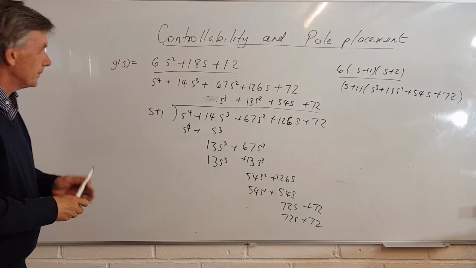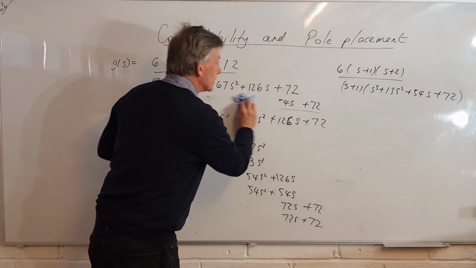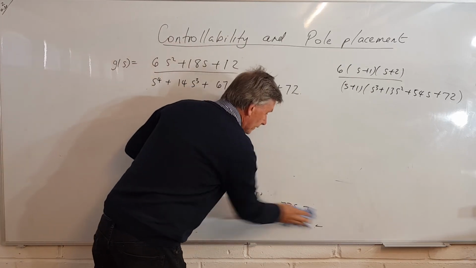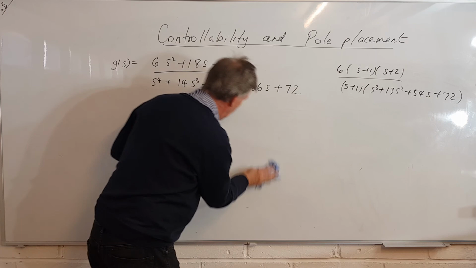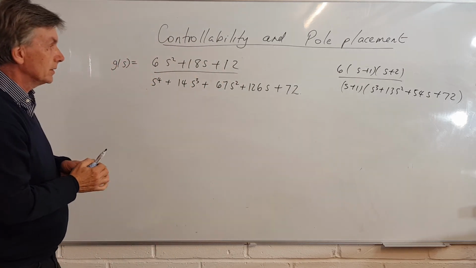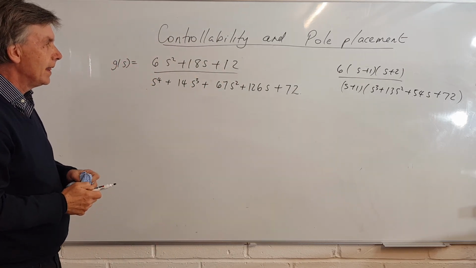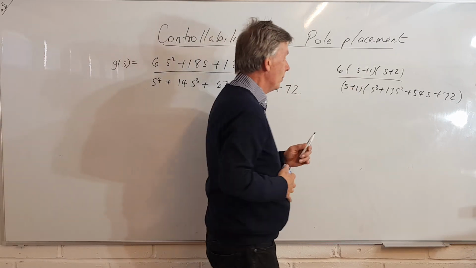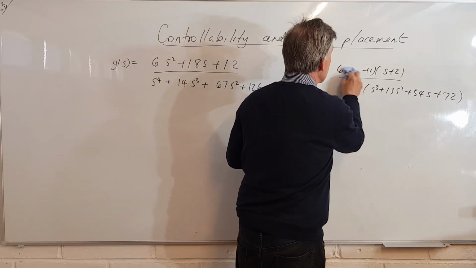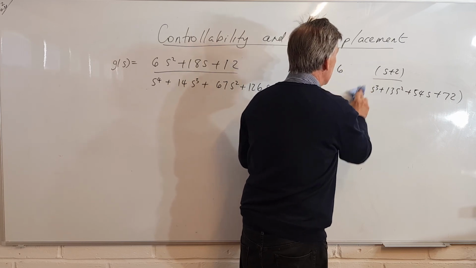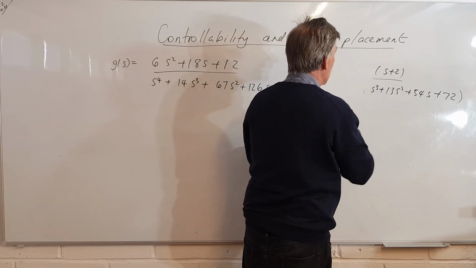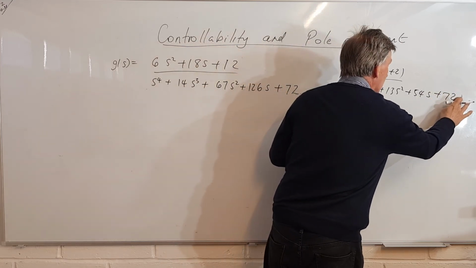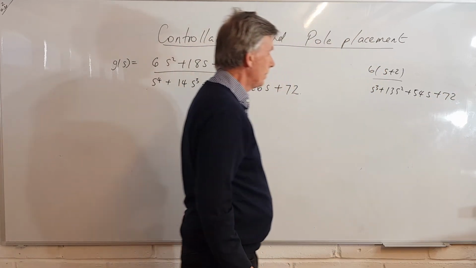So what we've done now is to take the original transfer function and we've factorised out of it a pole zero at s plus 1, and then because these two now cancel out, we can do away with them. So that disappears and that disappears. And that now gives us a new transfer function.